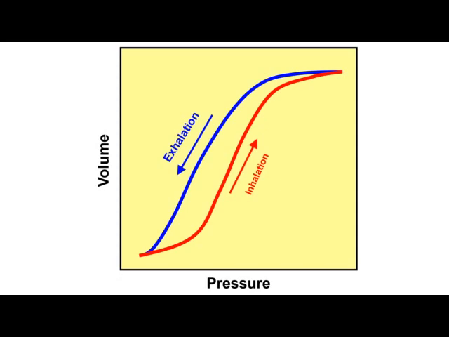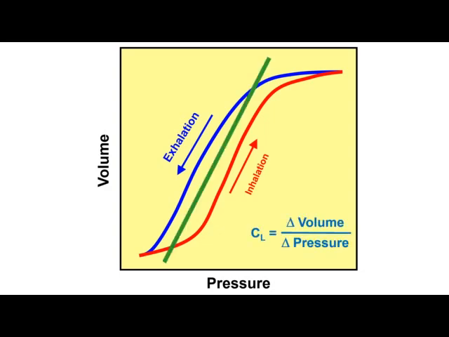As we increase transpulmonary pressure, we get increased volume. Note that the inspiratory limb is not identical to the expiratory limb. There is a space here, which we're going to talk about in just a few minutes, about what that means and why that's the case. But basically, compliance is the slope of this line. So compliance of the lung is change in volume over change in pressure. It's the slope of this line.